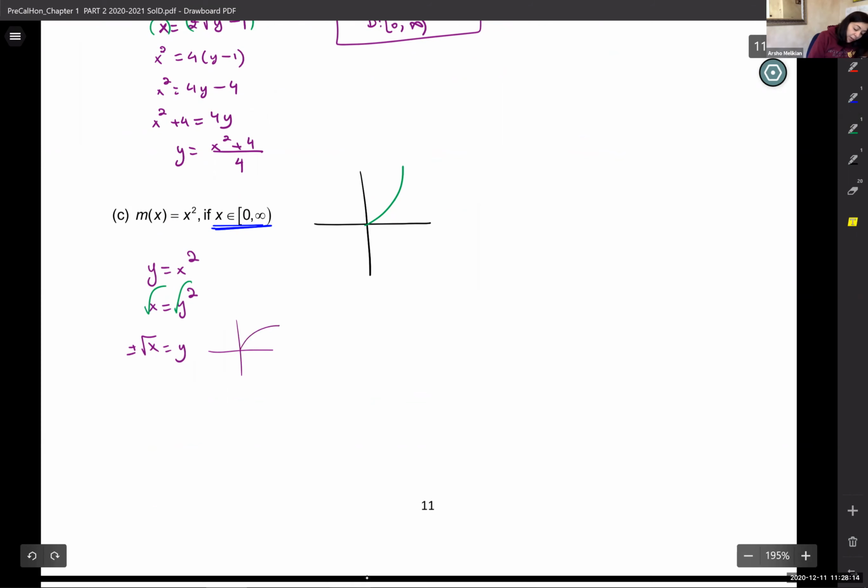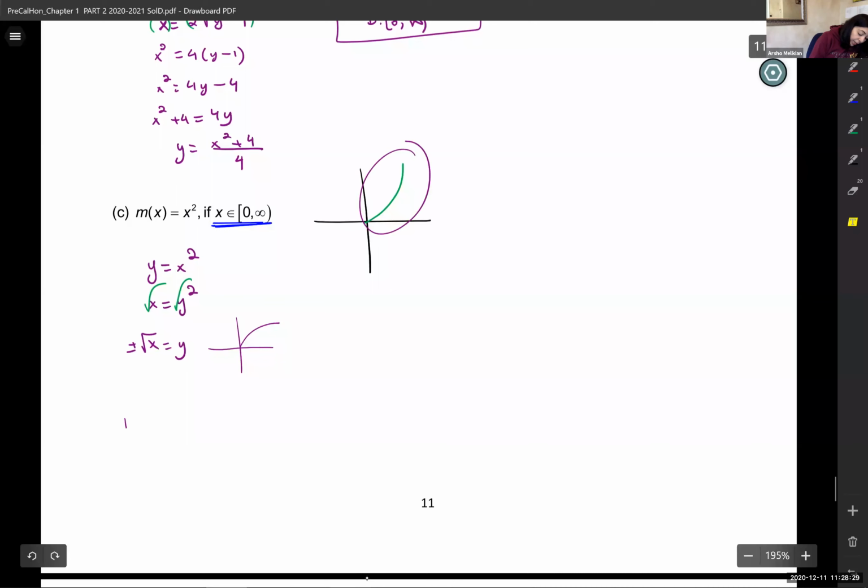I've got a top part and a bottom part. But look, the inverse of this is only one of those arms. So I can't take the bottom part. That means m inverse of x is only positive root x.